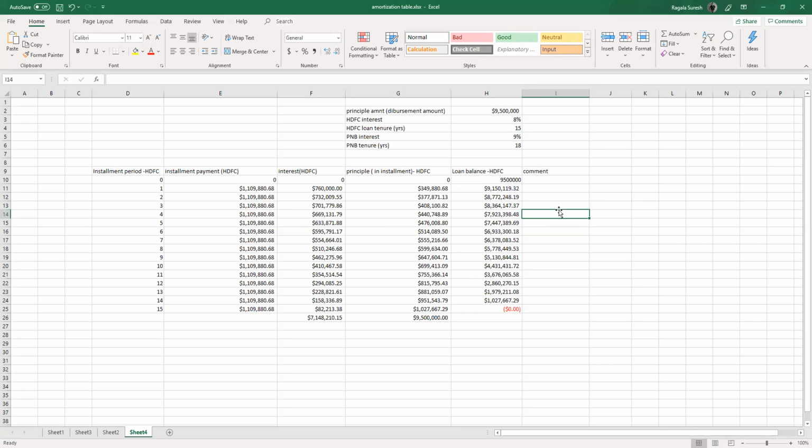So that will not be part of the loan itself. So for the first two, we need not compute it here. We have to compute from the third period, isn't it?